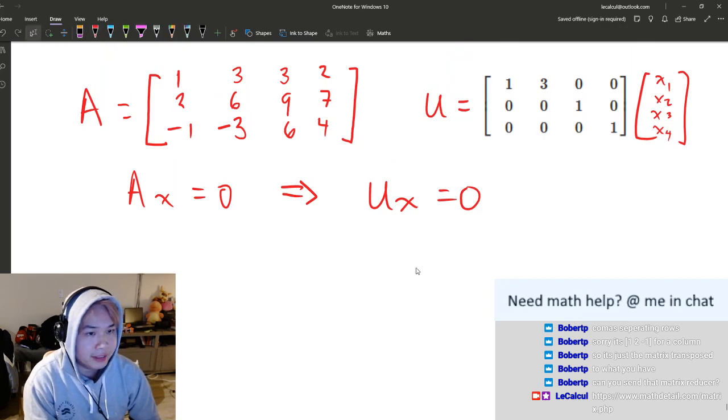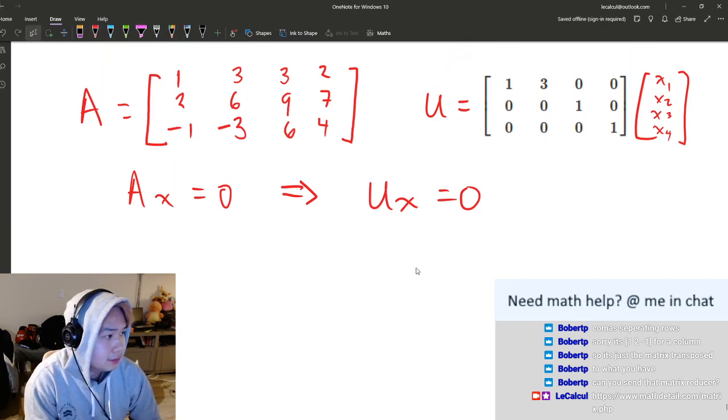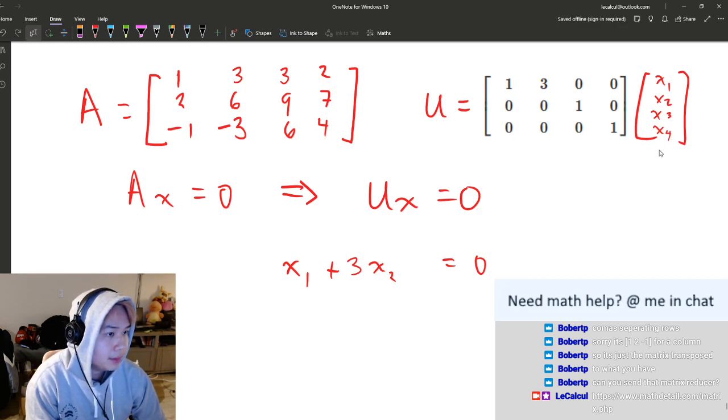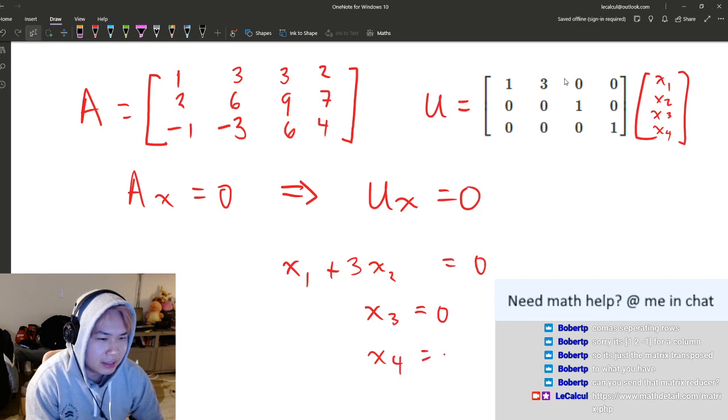So what we have is 4 sets of equations. x1 plus 3x2 needs to equal 0. That's the x vector multiplied by the top row. x3 needs to equal 0, and then x4 needs to equal 0.